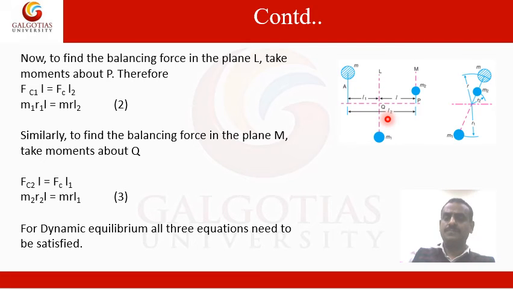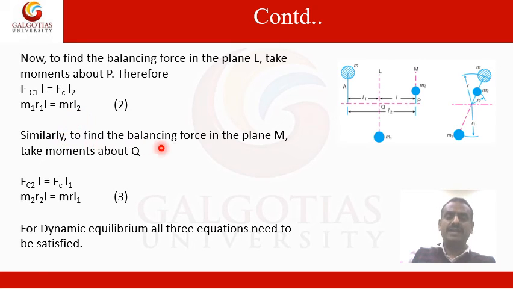Similarly, the centrifugal force produced by the balancing mass m1 is Fc1, and its moment is Fc1 into L. The equation is Fc1 L equal to Fc into L2. After substituting the centrifugal force values, the equation becomes m1r1L equal to mrl2.